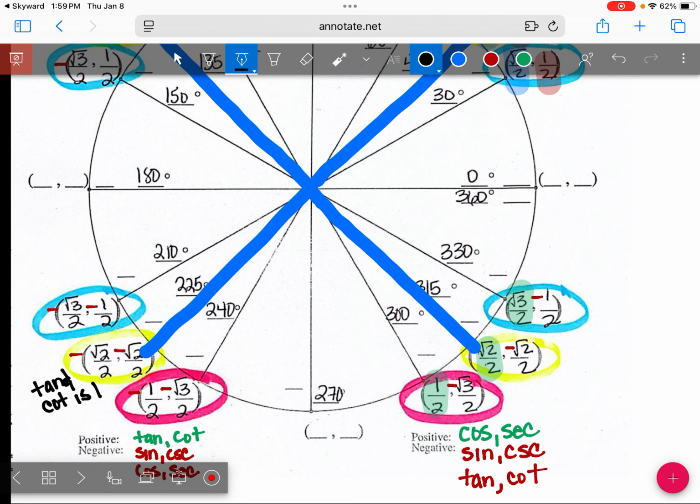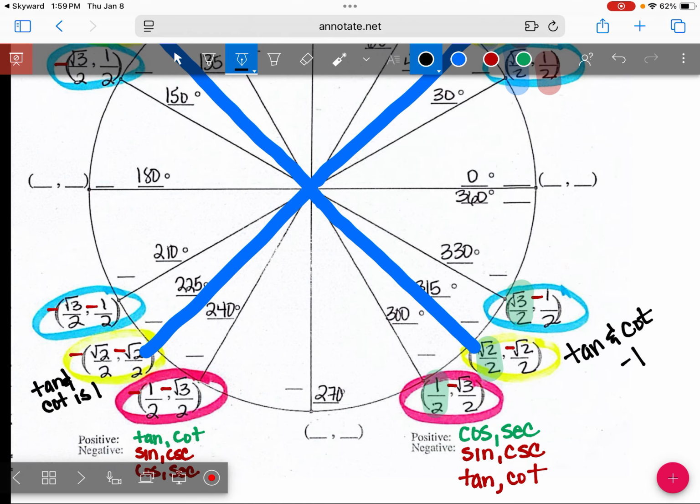And then lastly, my 315-degree angle, y is negative, x is positive. Tangent and cotangent will be -1. All right, that's really important. Don't waste time doing keep, change, flip for those angles, for those 45-degree angles.